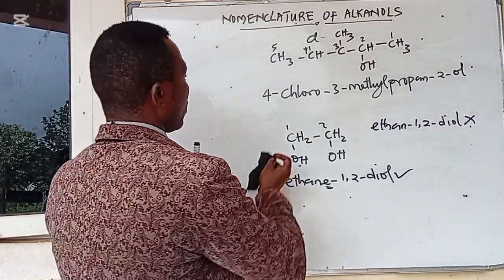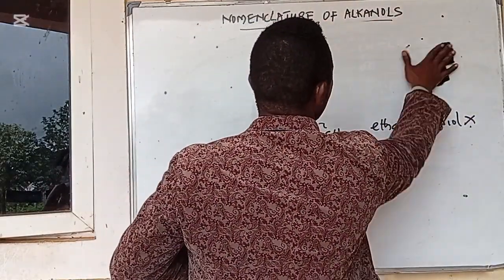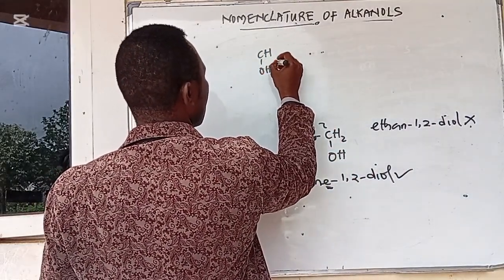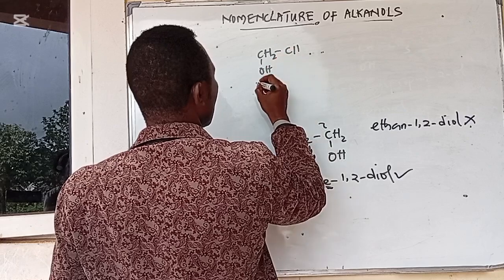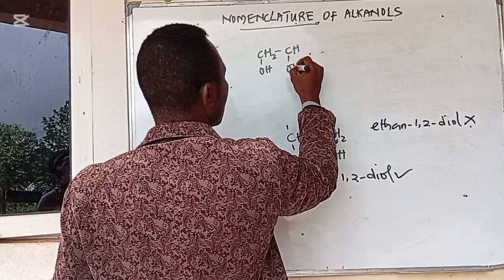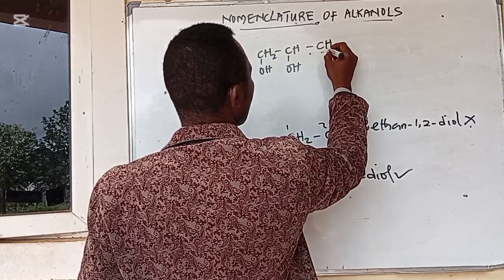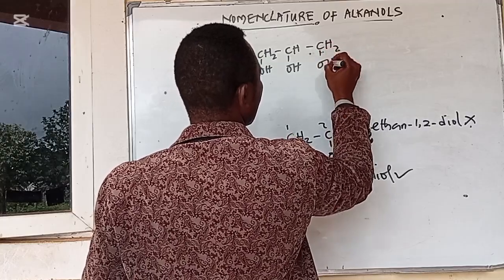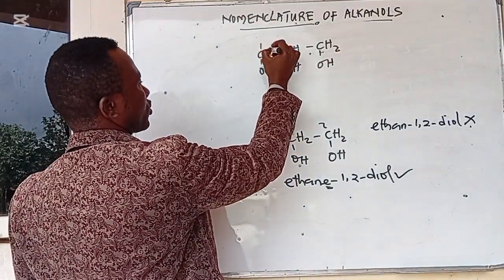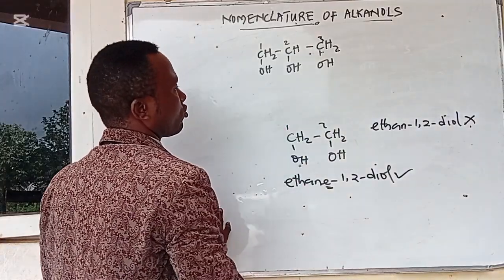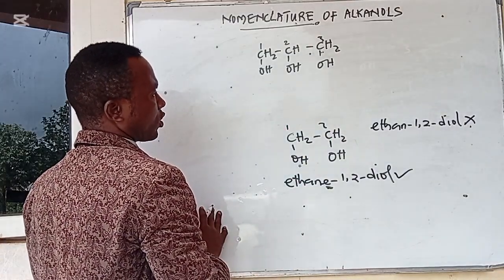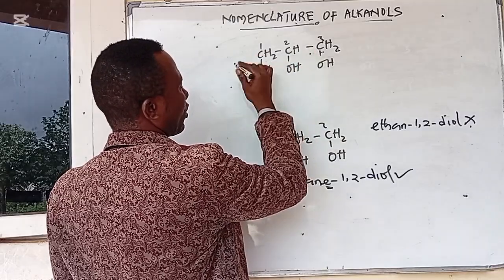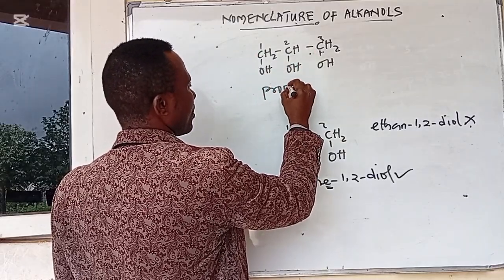Okay, so that is to say that if we have CH2OH, CH, then CH2OH. So this is 1, 2, and 3. So the name of the compound will be, 3 carbon atom is propane.